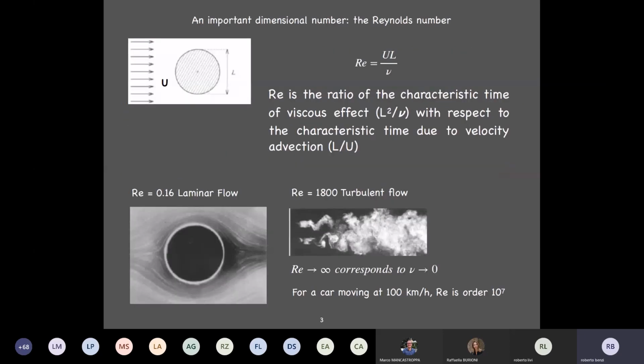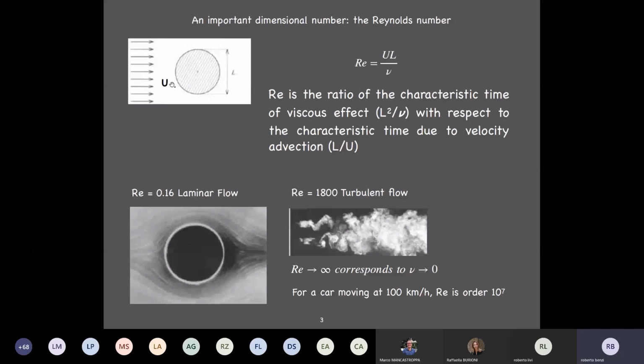So, just to introduce the subject, we start by focusing on what we call the Reynolds number. There are many ways to introduce the Reynolds number. The simplest way is to consider some kind of geometry, for instance, this cylinder with a characteristic scale L, where the flow is going around with some velocity u.